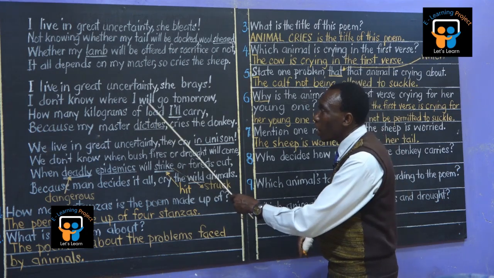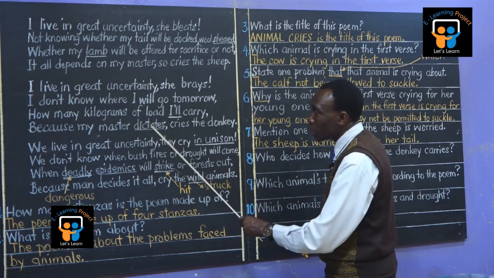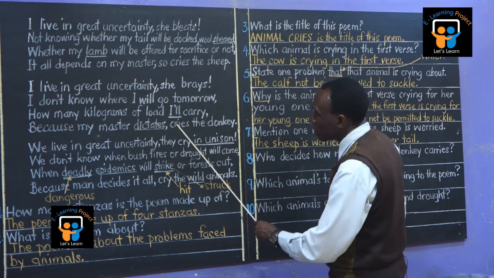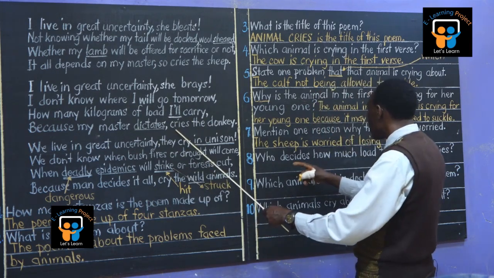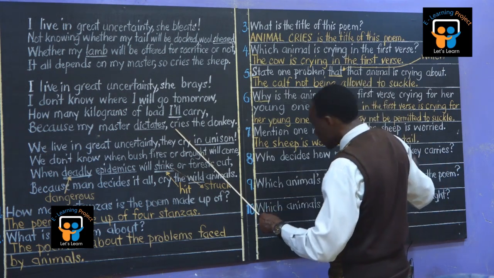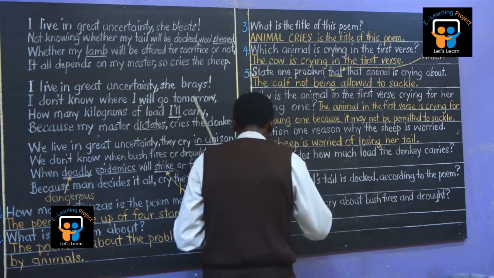I don't know where I will go tomorrow, how many kilograms of load I'll carry, because my master dictates, cries the donkey. So the question is, who decides how much load the donkey carries? Yes, the donkey's master.